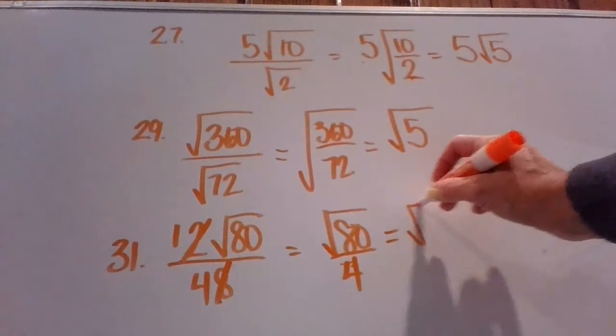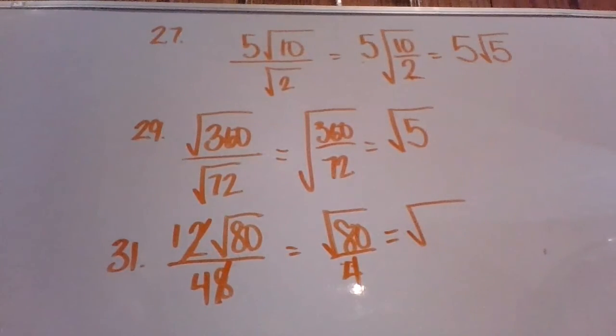So I got to think, what perfect squares go into 80? Well, we could try. It's not going to be very high. Let's see if 36 can go into 80 evenly. 80 divided by 36, it can't. 80 divided by 25, it can't. We're getting closer because it was 3.2. 80 divided by 16, because 16 is a perfect square root, and it works.